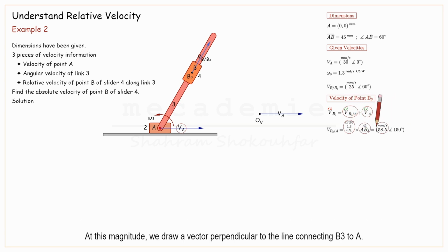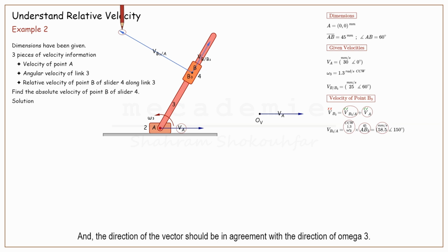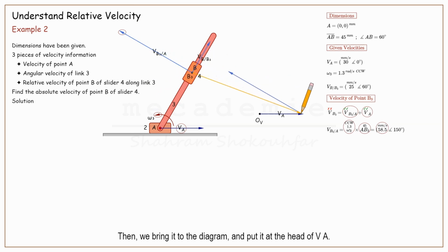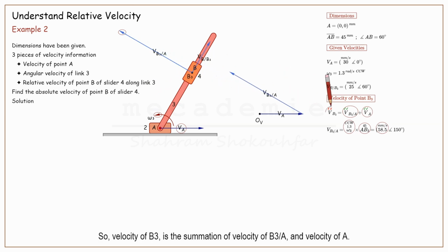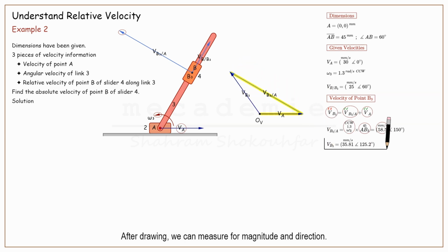At this magnitude, we draw a vector perpendicular to the line connecting B3 to A. And the direction of the vector should be in agreement with the direction of omega 3. Then we bring it to the diagram and put it at the head of VA. So, velocity of B3 is the summation of velocity of B3 with respect to A and velocity of A. After drawing, we can measure for magnitude and direction.